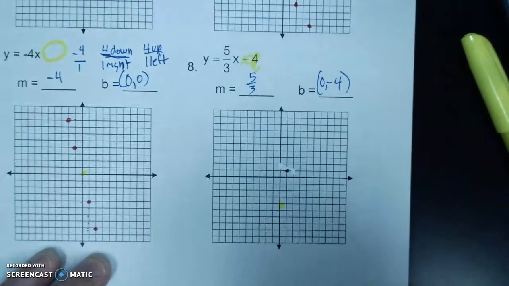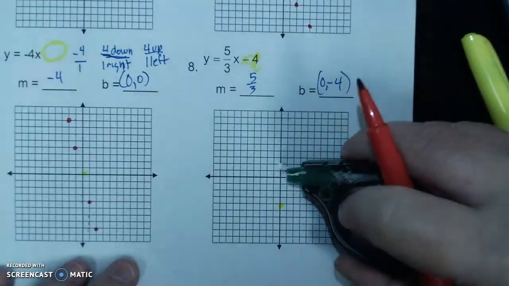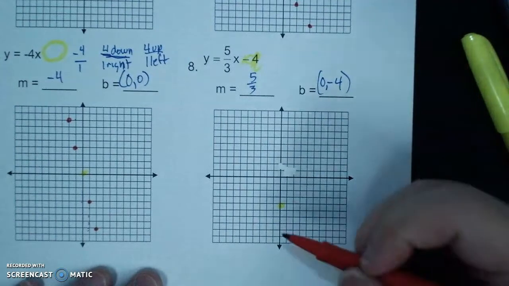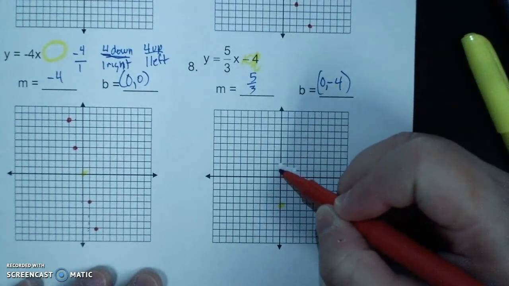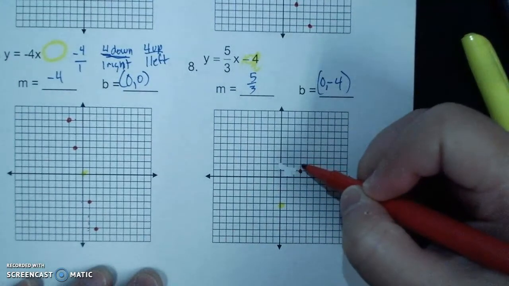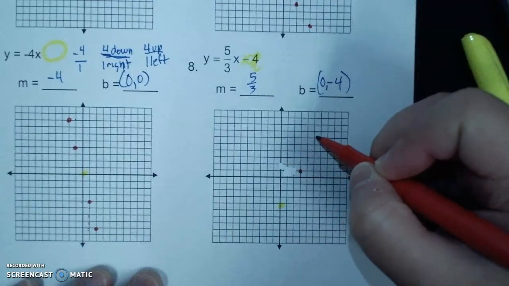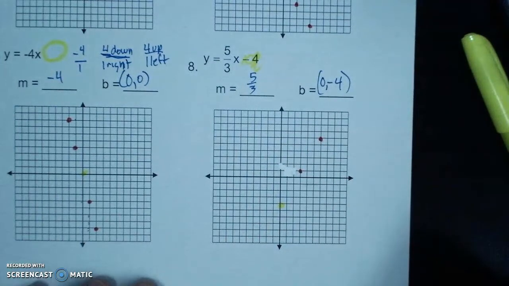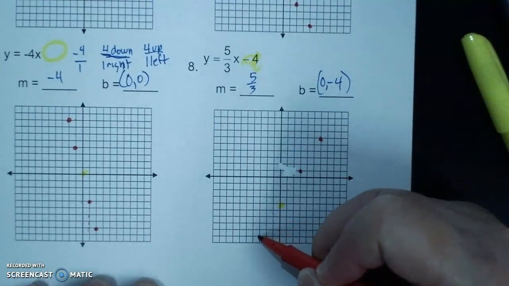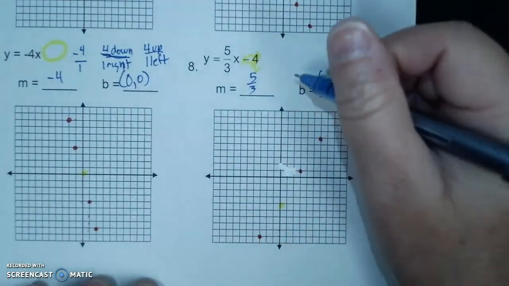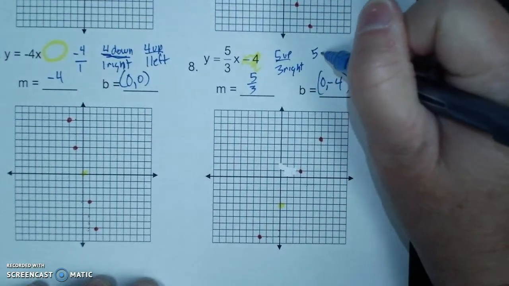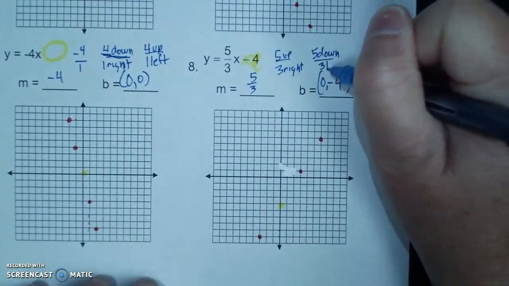Let me erase that. That was not 5 up, 3 over. That was 5 up. 1, 2, 3, 4, 5. 1, 2, 3. And then reverse direction, 1, 2, 3, 4, 5, 1, 2, 3, because this was 5 up, 3 right, and 5 down, 3 left.